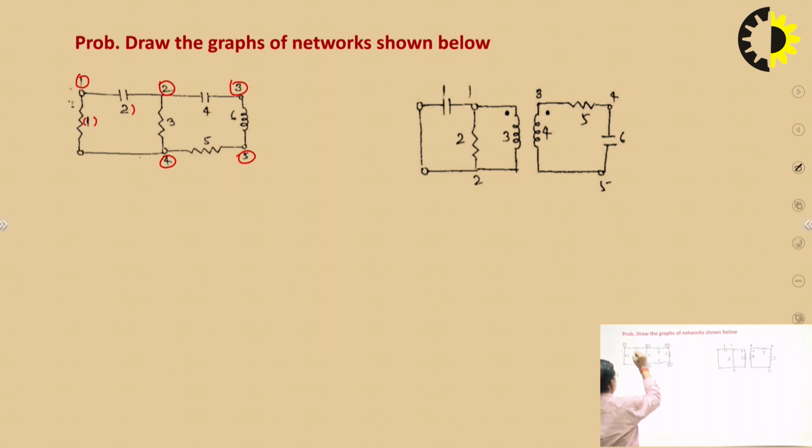We encircle the nodes, and branches we write in brackets. So this is the given network.